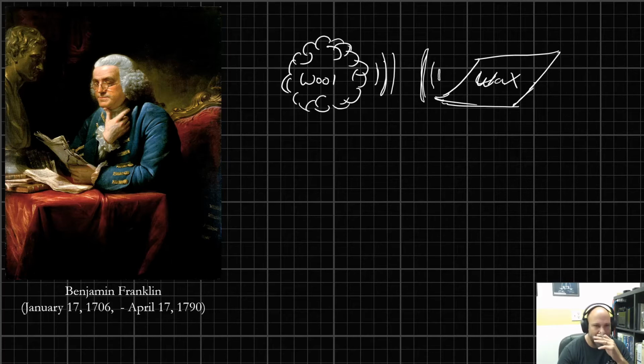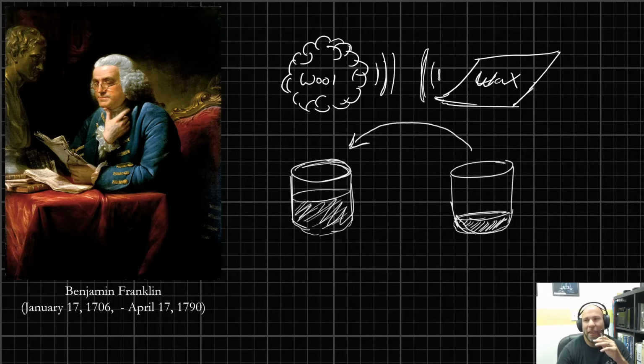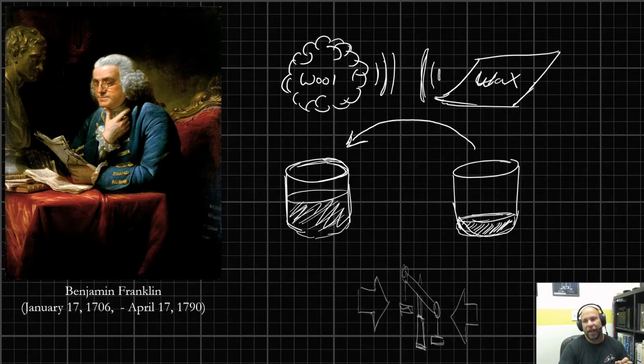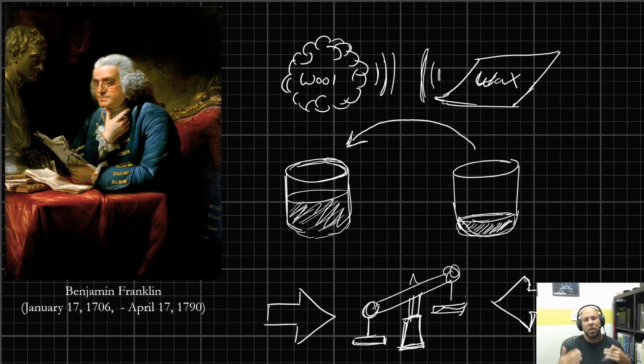His thoughts were that somehow that invisible fluid was being pulled from one item to the other, and that the attraction we saw between these two items was a kind of equilibrium, that somehow the fluid was trying to regain balance between its original element and where it was displaced to.